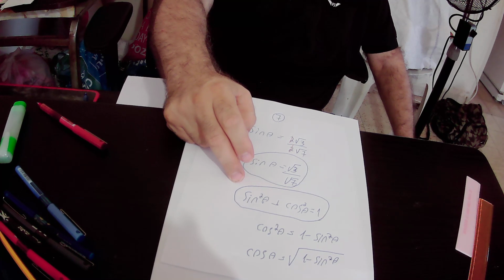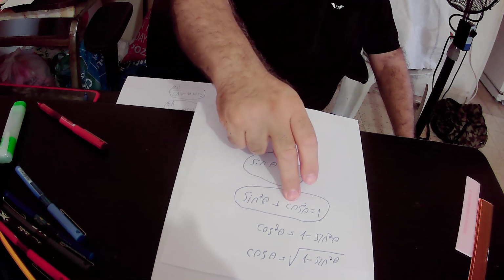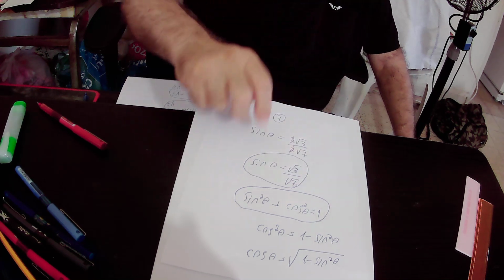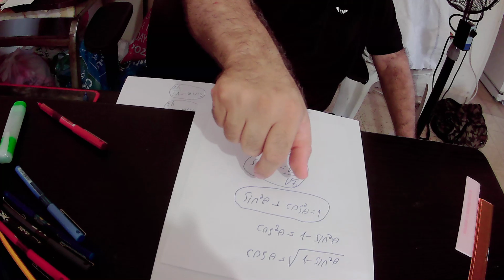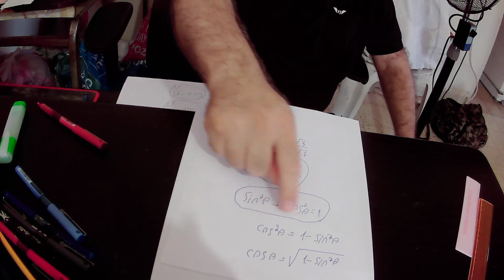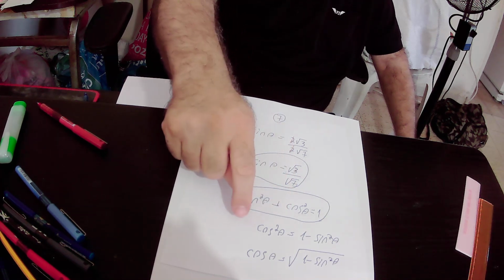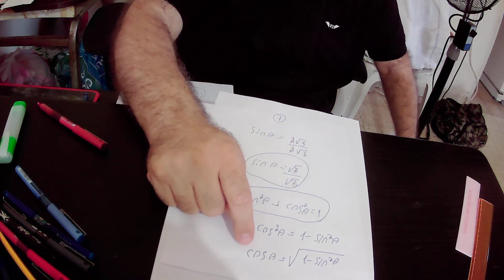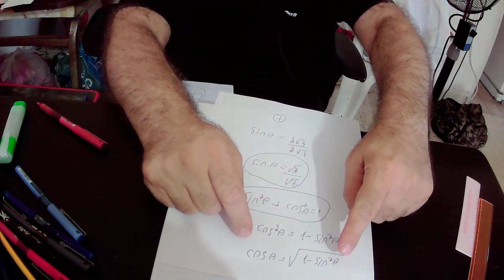sinus theta squared plus cosinus theta squared equals to 1. We subtracted from this trigonometric identity sinus theta squared, and then we took a root out of this equality, and we got that the value of cosinus theta equals to the root of 1 minus sinus theta squared.